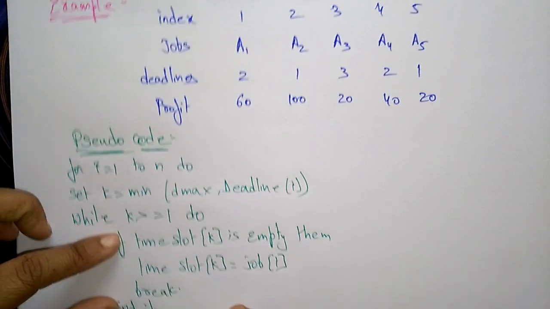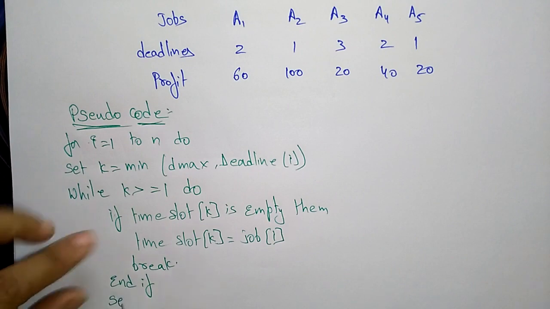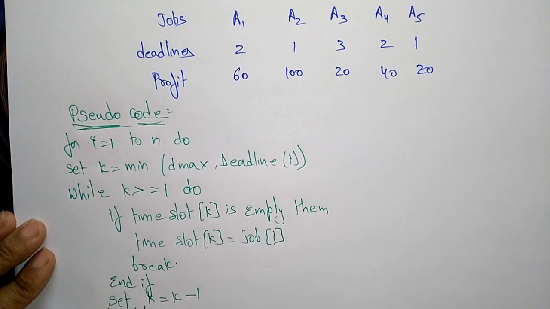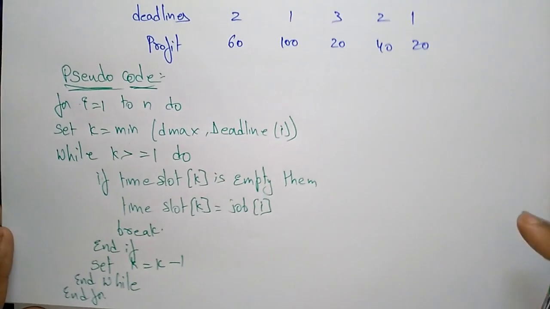After this break statement, you check whether the condition is not true, then set k equal to k minus 1, and end while and end for. So this is the algorithm. Now let us see the example.